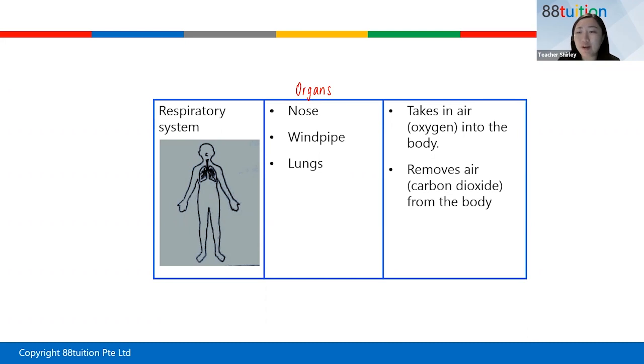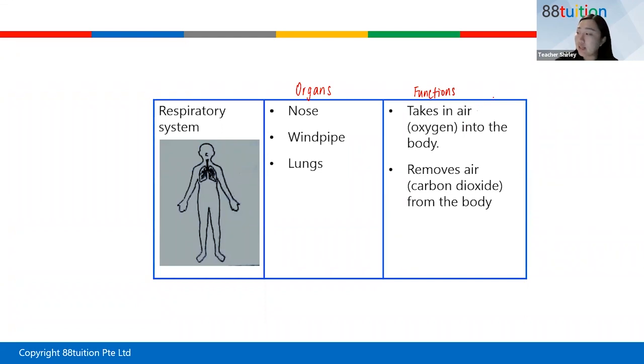You see some people, when they're running, they breathe through their mouths, okay? But it's not considered part of your respiratory system, right? The nose is. So generally, what are the functions of the respiratory system? The functions are to take in air into the body, as well as remove air. Why do we say air and not just oxygen?